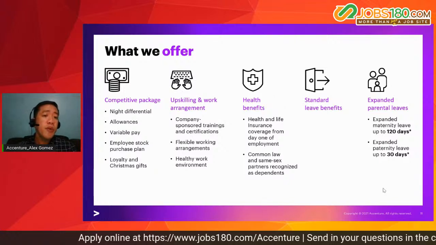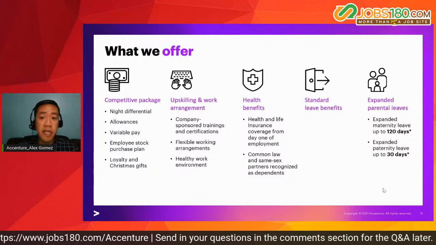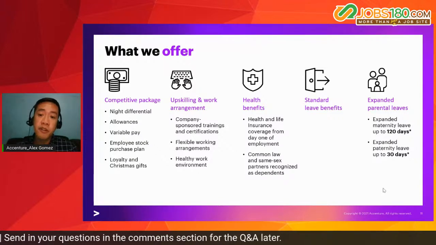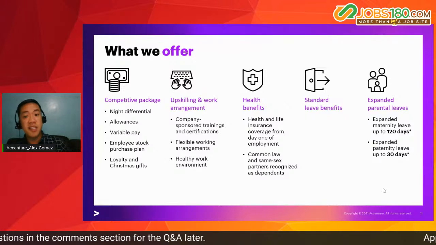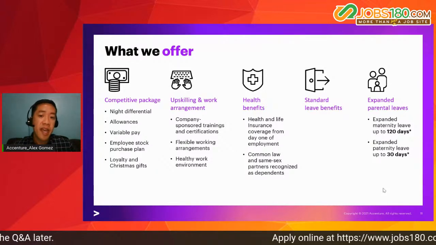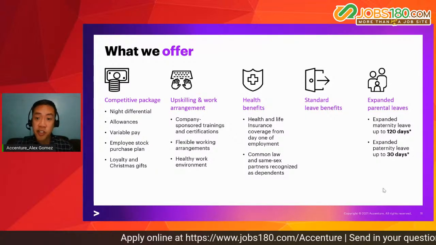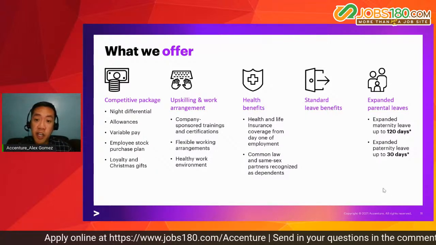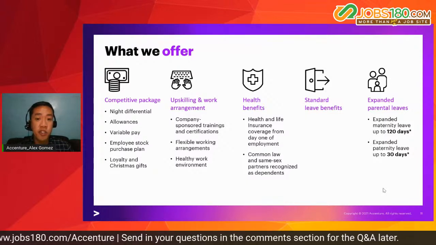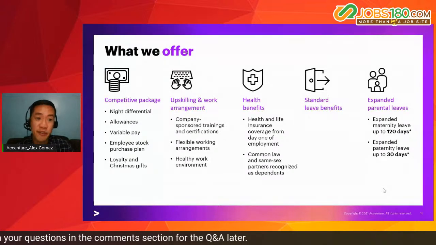We have a very competitive package. You will have available opportunities right in front of you, and these are some of the things that you should be looking at. Presented here are just 5 areas, and I've been to quite a number of companies prior to Accenture, so I can surely say that some of them would only provide some of these.